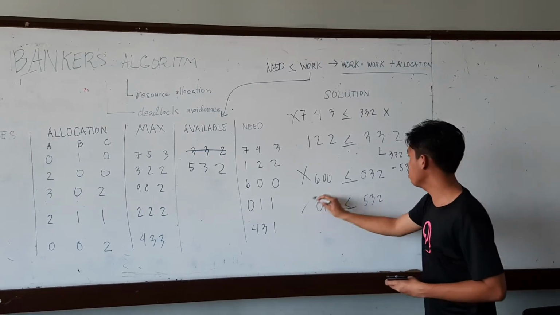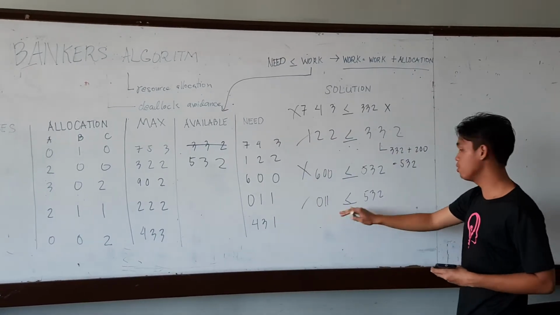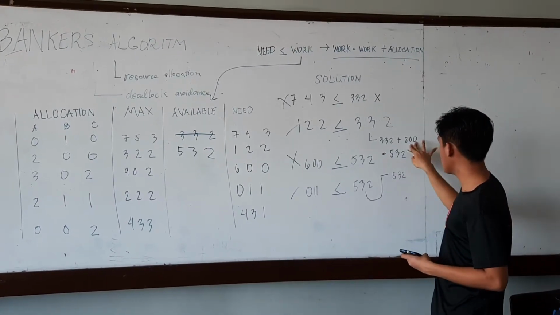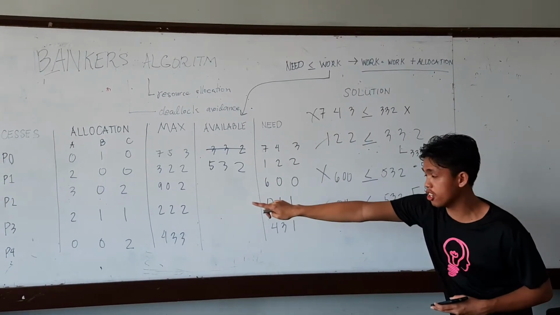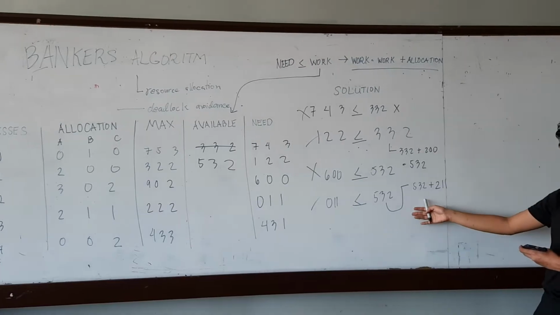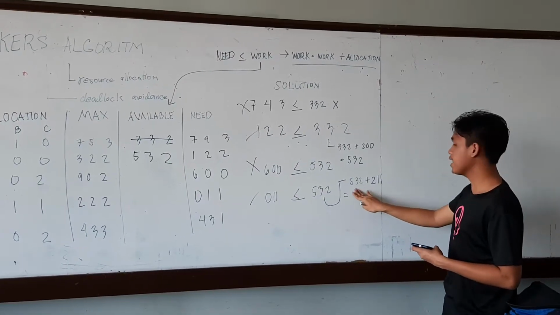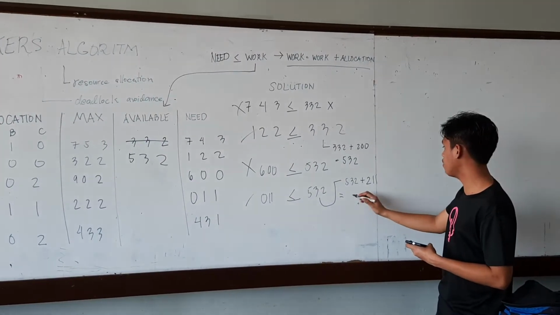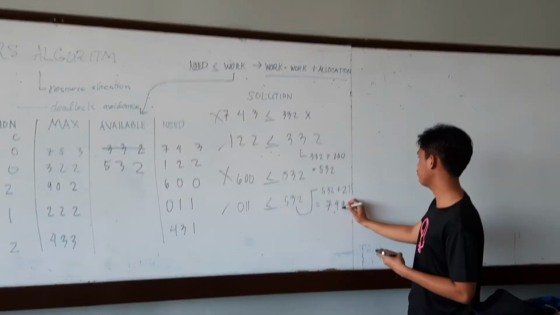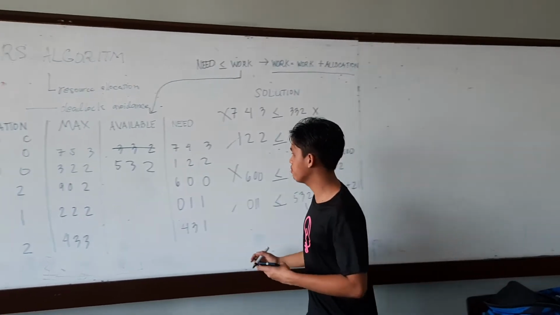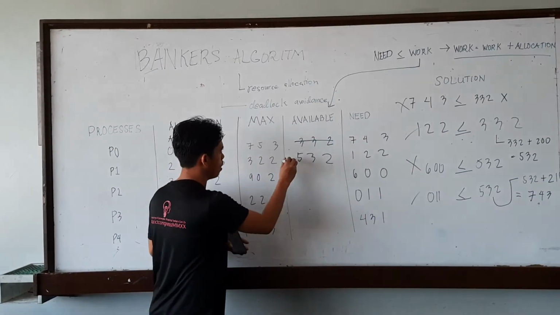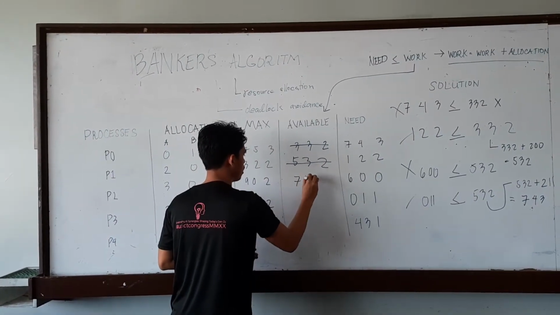This is true, so we go to the formula: 532 plus the allocation from the third process, which is 211. So instead of 532, this will now be updated to 743.